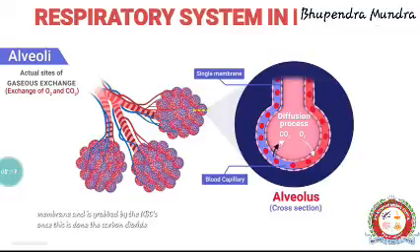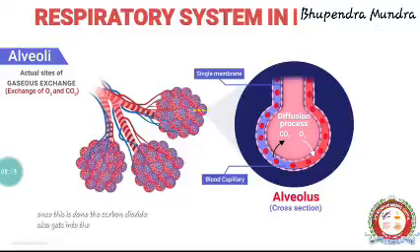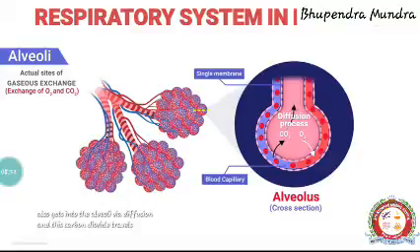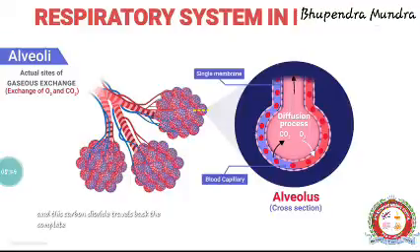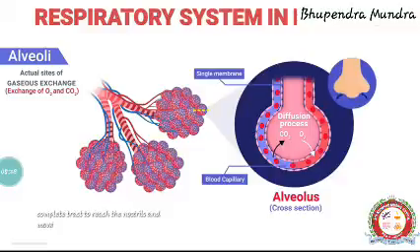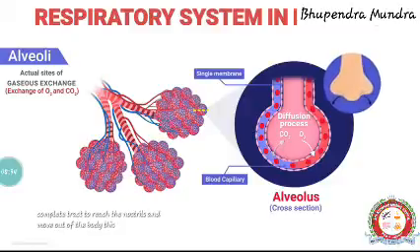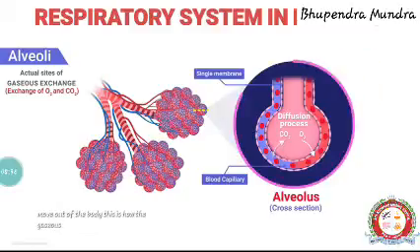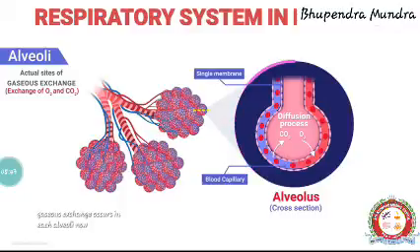Once this is done, the carbon dioxide also gets into the alveoli via diffusion, and this carbon dioxide travels back the complete tract to reach the nostrils and move out of the body. This is how the gas exchange occurs in each alveolus.